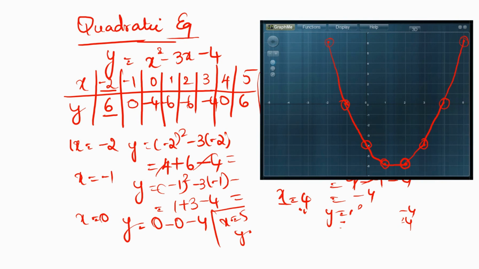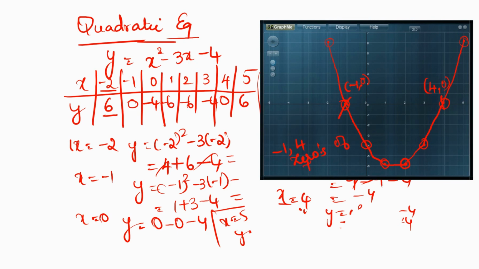That is, it is cutting at two places, minus 1 comma 0 and 4 comma 0. So now the zeros are minus 1 and 4. So you have to calculate the zeros from the points on the x-axis which lead the y to 0.